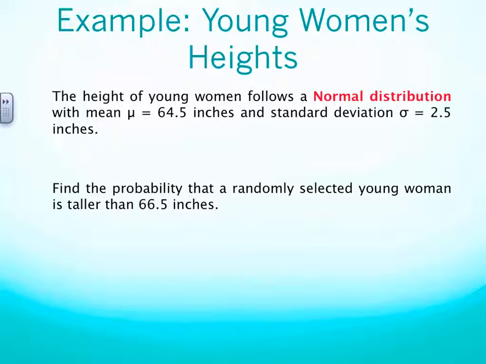Now let's take a look at some examples that follow a normal distribution. The height of young women follows a normal distribution with mean 64.5 inches and a standard deviation of 2.5 inches. Let X equal the height of randomly selected young women.